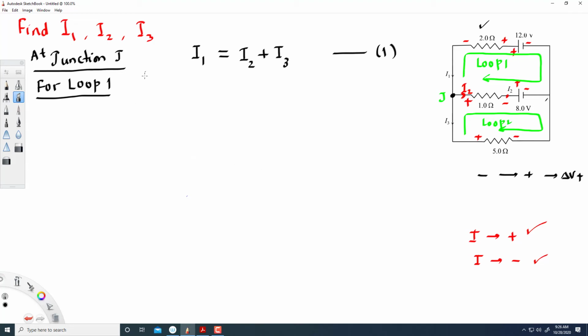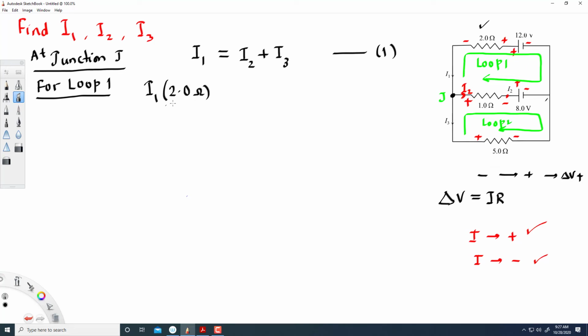So when we go from negative to positive, our delta V is positive. The loop rule is that the sum of all the delta V in this loop is 0. Delta V in this resistor is I times R from Ohm's law. I in this loop is I1, going through this resistor, and resistance is 2 ohms.